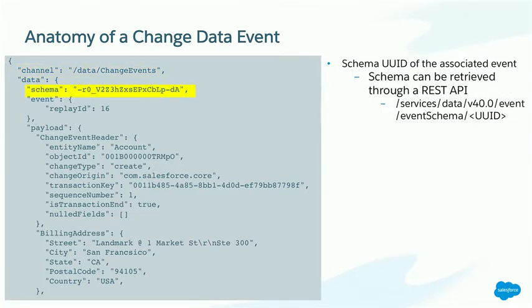The second thing we see here is the schema ID. And this is where event decoupling starts to become very interesting and something that was difficult to do before. What the schema represents is the shape of the event that you're receiving. You can take this ID, go to this REST endpoint, and get back all of the metadata on the shape of that event. This allows you, as a reader and a subscriber, to check: can I actually process this event?